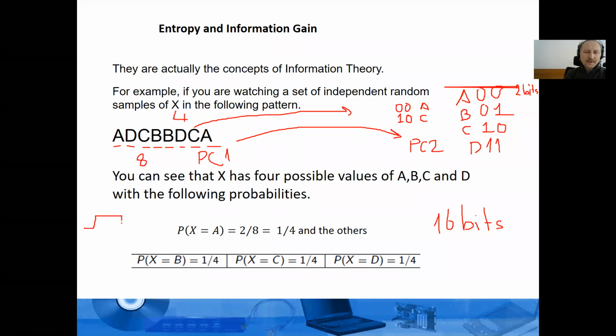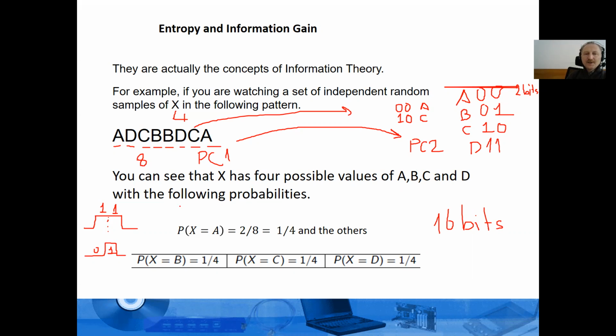For example, if you send 1, 1 to the other side, this means D. But if you send 0, 1, this is B. This means you sent B to the other side. Digital signals either have a signal or no signal. That's why you need to use a minimum of 16 bits.